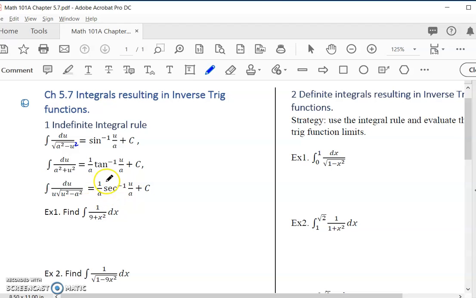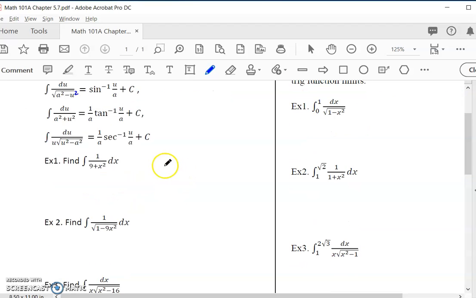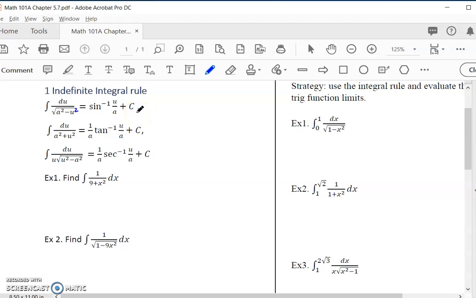Remember, you have to put the 1 over a outside. I think you just need to have this on hand. The goal is to change your integral into this form. You can use x if x is u.